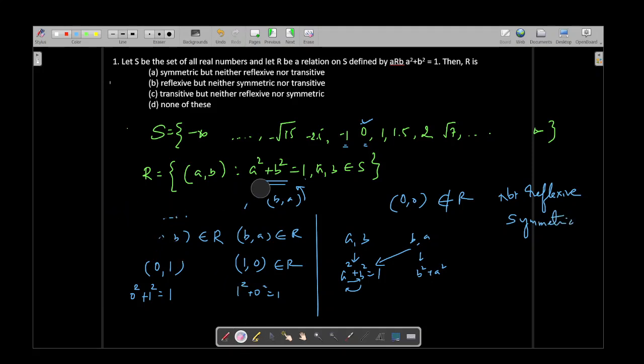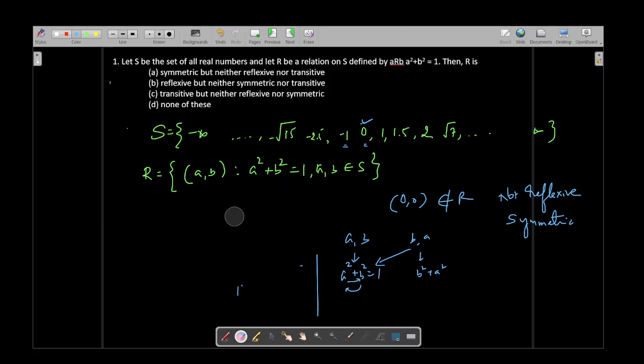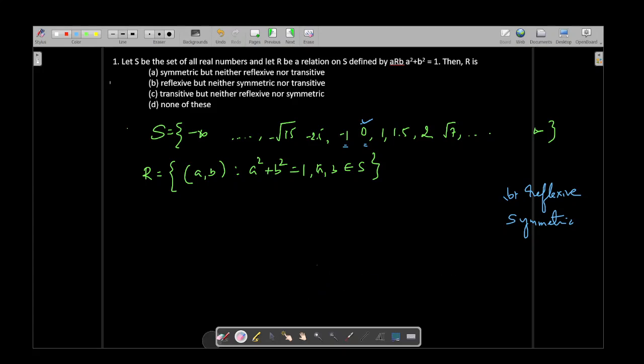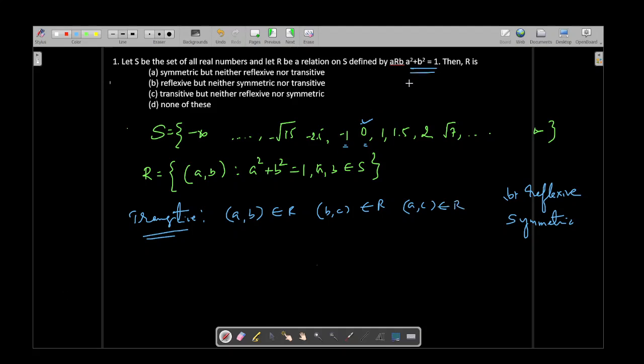Now let us check the other property, which is transitivity. The transitive property says that if a comma b and b comma c are members of R, then a comma c should also be a member of R. These types of relations are usually not transitive, so we can take one counterexample to disprove this.